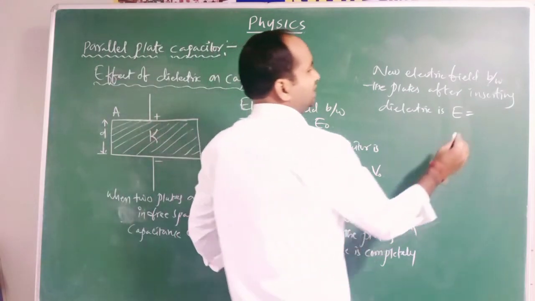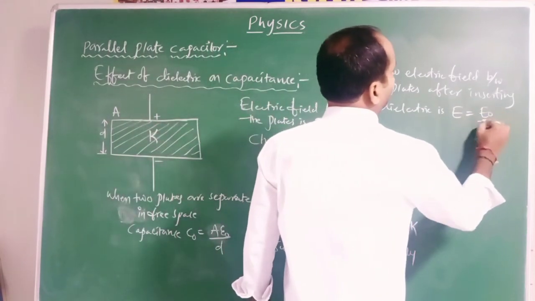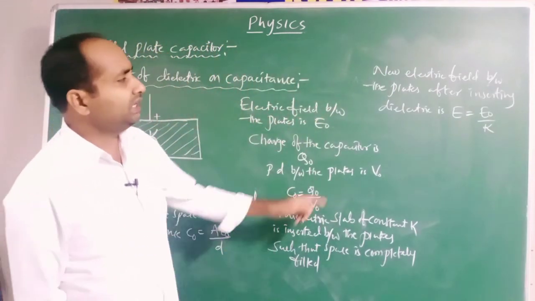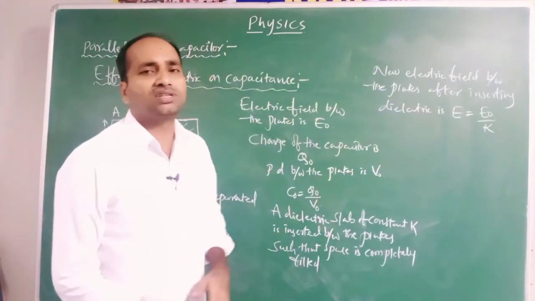It can be written as E equals E naught by K, and we know that the K value is greater than 1.